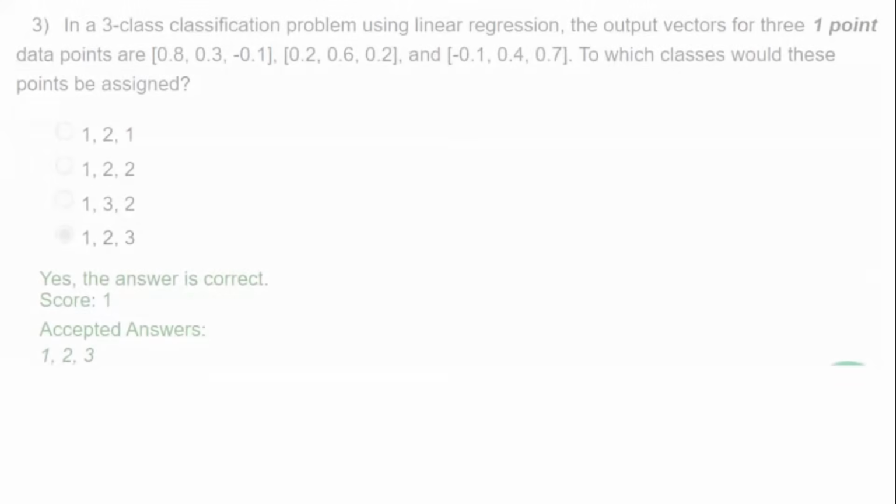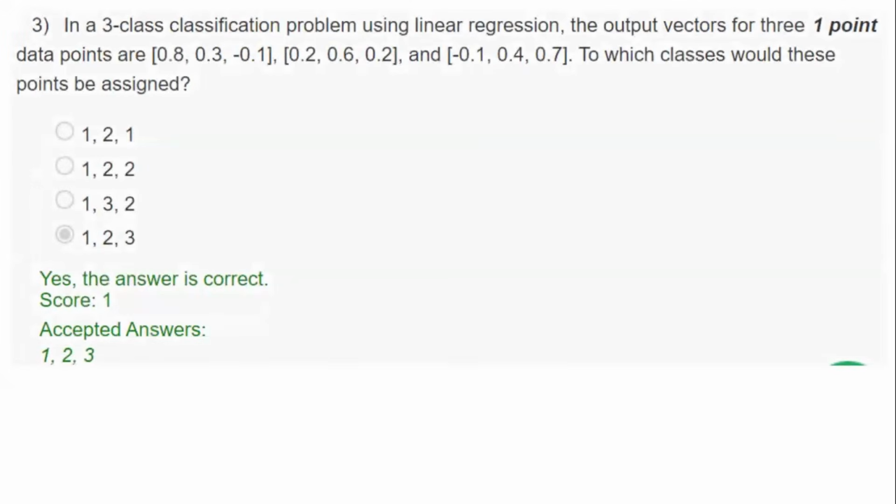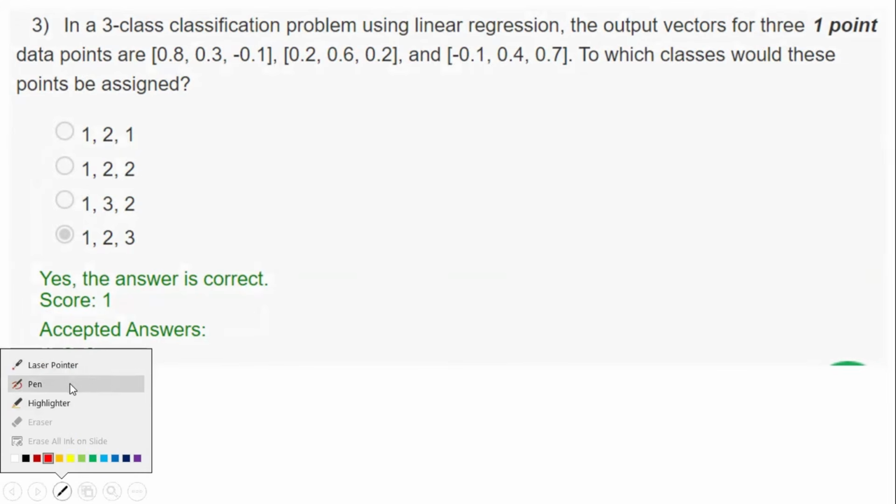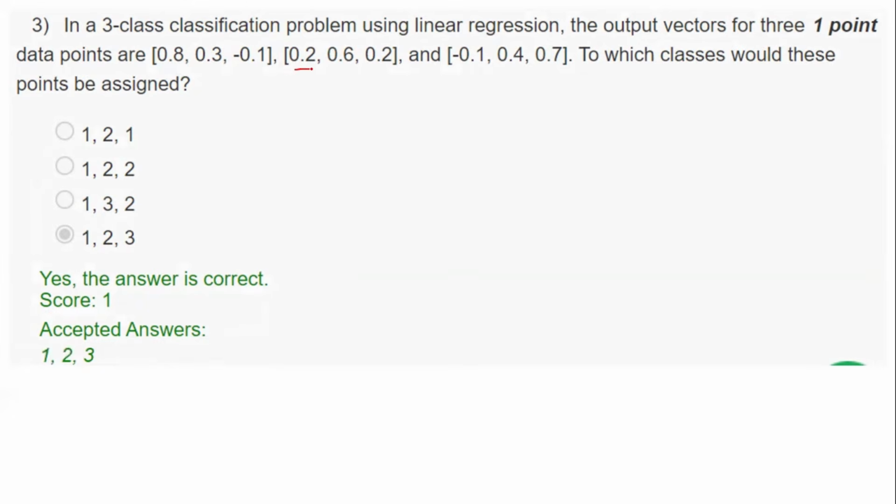Today's first question is: in a three-class classification problem using linear regression, the output vectors for three data points are 0.8, 0.3, and minus 0.1. The second output vector is 0.2, 0.6, 0.2. I took these questions from the assignment.